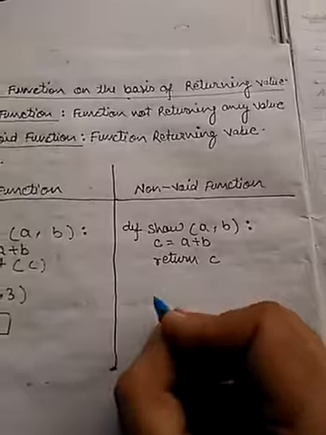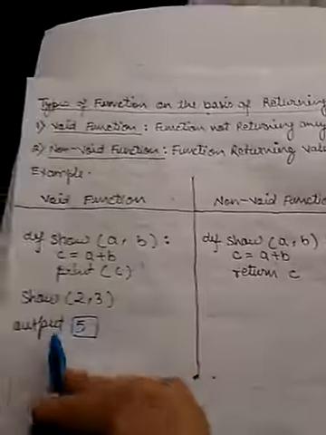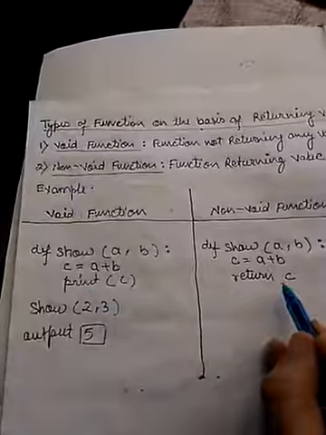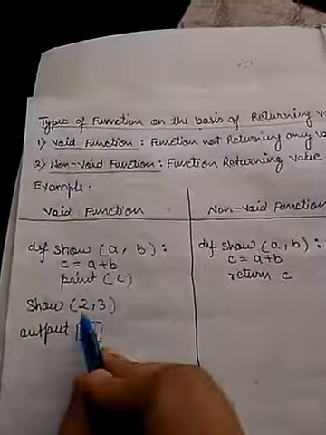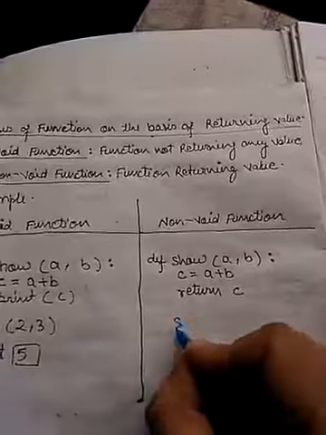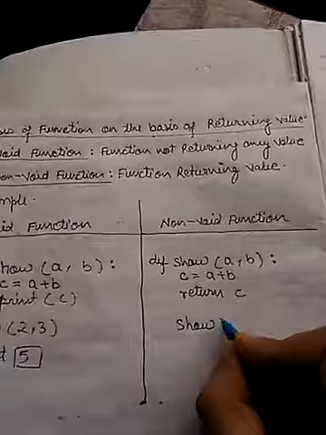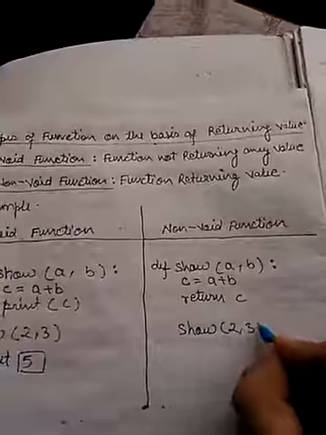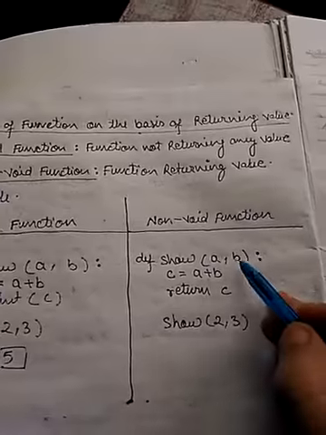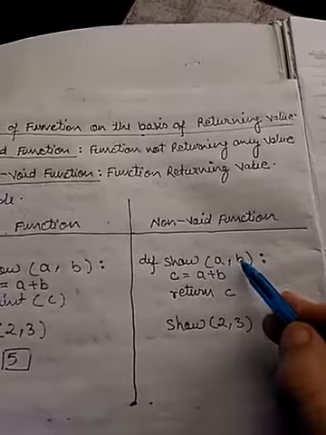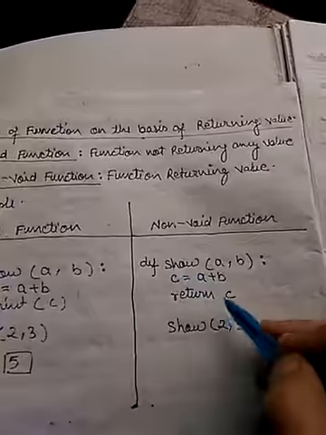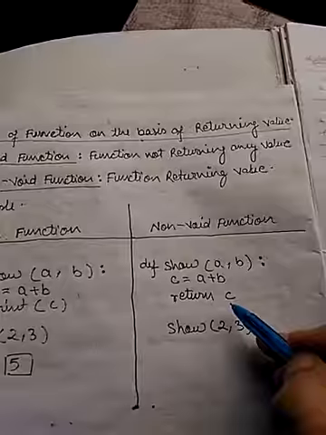Now see, here it was print c, here it is return c. At the time of calling the function, there should be some changes like this: show, and we pass the parameters 2, 3. Now 2 and 3 will be assigned here, 2 plus 3 is 5, return 5. Now this function is returning a value, that is 5.